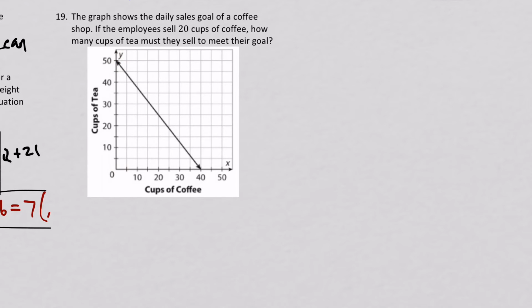Okay, so the question is, if they sell 20 cups of coffee, right there, how many cups of tea do they have to sell? So what you do is you look on the axis that represents the cups of coffee, which is the x-axis right here. Look for the number 20, which is right here, and then work your way up this way until you find the y value at that particular point.